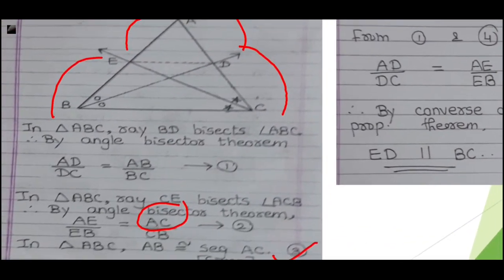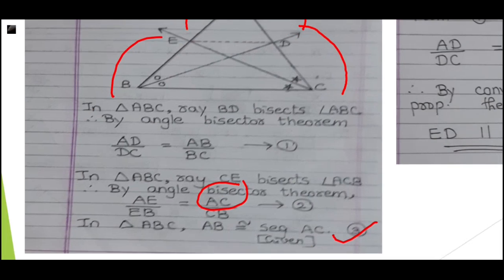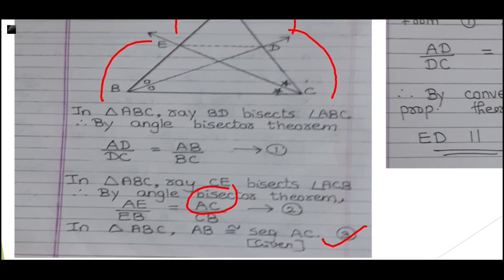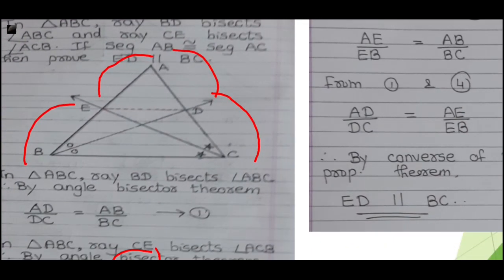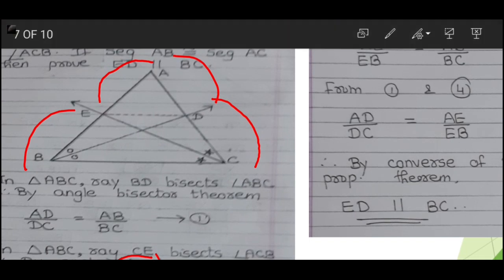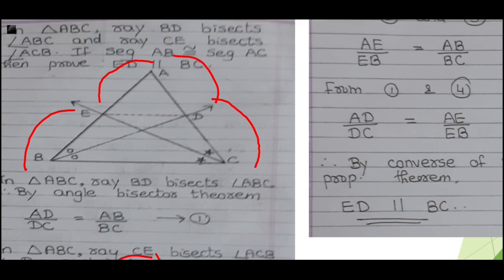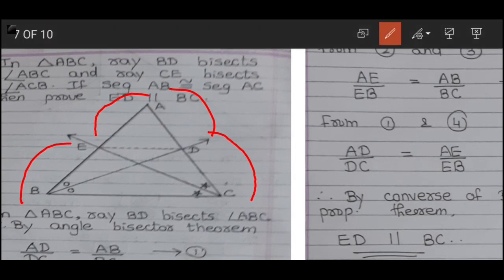Now see the first statement and the fourth statement. First statement, can you see here what is written? AD upon DC is equal to AB upon BC. And see the fourth statement, AE upon EB is equal to AB upon BC.